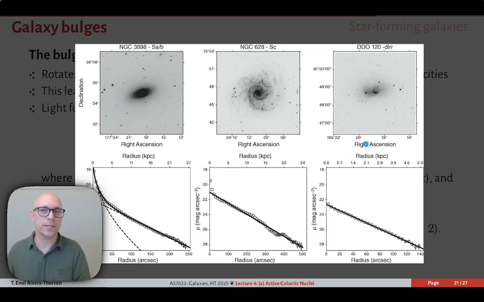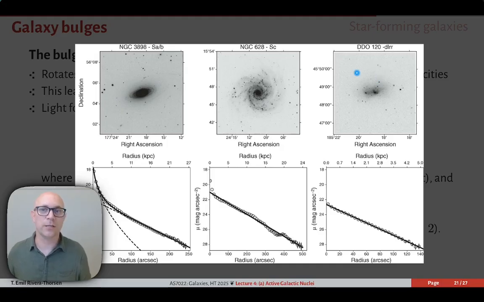But I find it interesting that despite the fact that it is classified as an irregular galaxy, and you can see that it is kind of irregular looking here, it still dynamically follows the dynamics of a disk galaxy very well, which probably means that the irregularity is mainly visible because of strong star formation due to a previous interaction or similar.